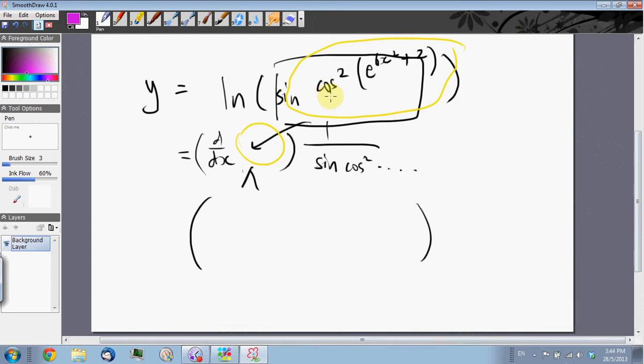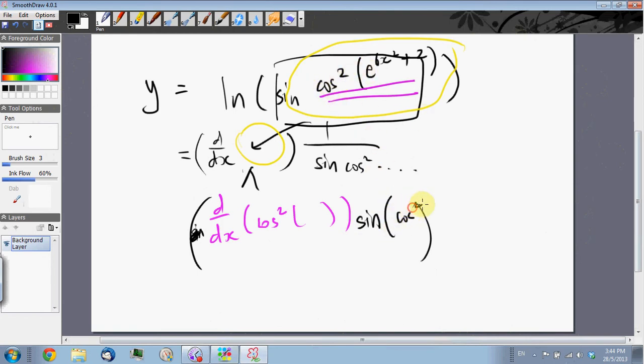Differentiate this first: you write d/dx of cos squared of whatever that is, and then change the sine to cosine, because you need to differentiate the function itself, and then copy the whole thing in. Then you keep doing on and on like that, opening up d/dx more and more until you get a super long equation.